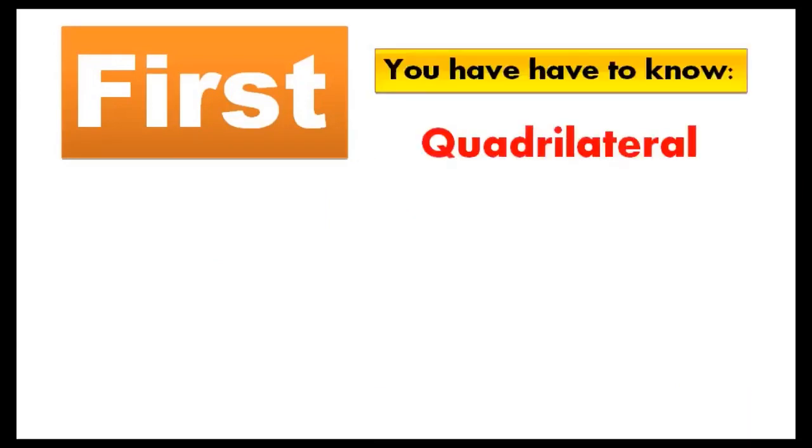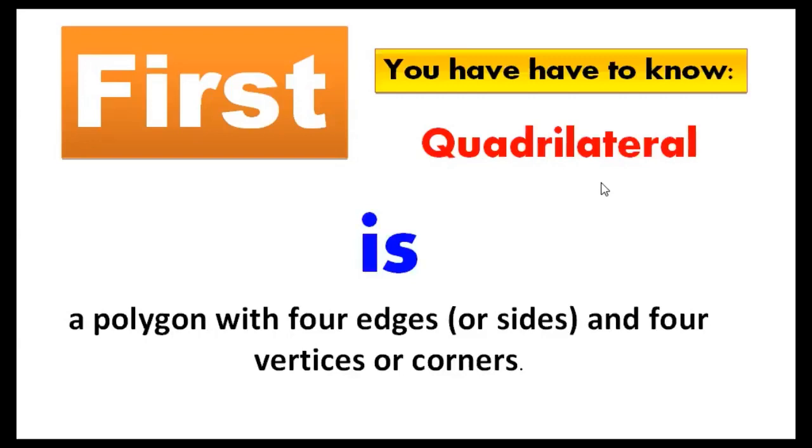the first thing you have to know is the quadrilateral. What is the quadrilateral? The word quad in Latin means number 4. So we are going to talk about a shape formed of 4 sides with 4 vertices, as a polygon with 4 edges.